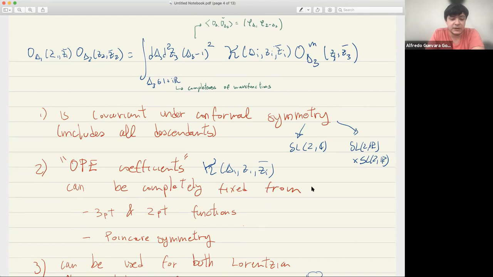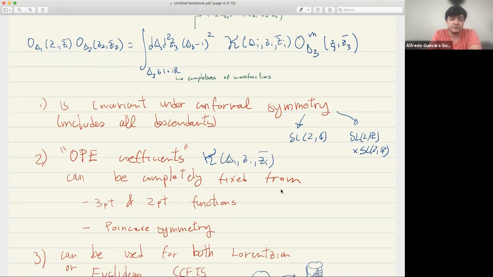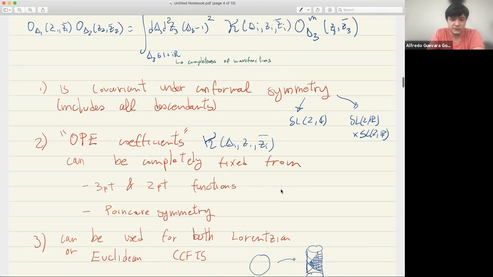But the nice thing about them is that they can either be completely fixed from 3-point and 2-point functions. So they realize this statement of standard CFT that 3-point functions tell you about the OPE data, or alternatively, they can be fixed by Poincare symmetry, the full Poincare group acting on this coefficient.